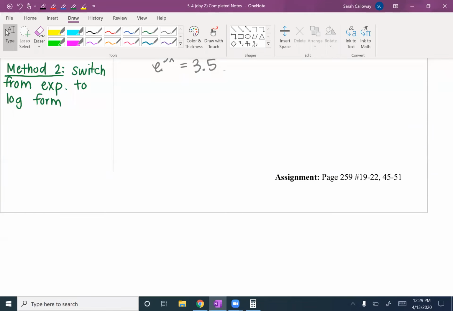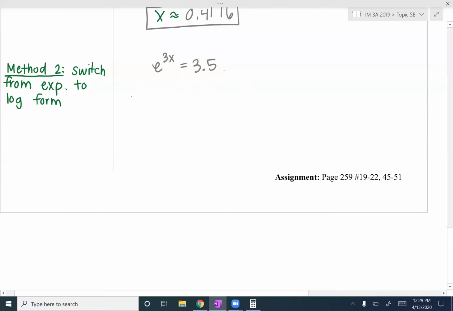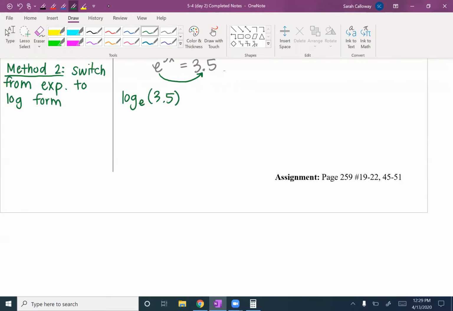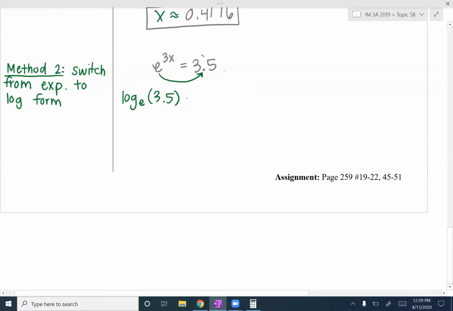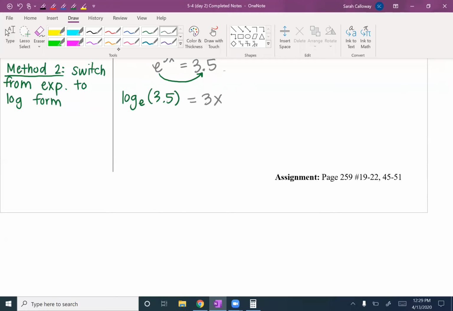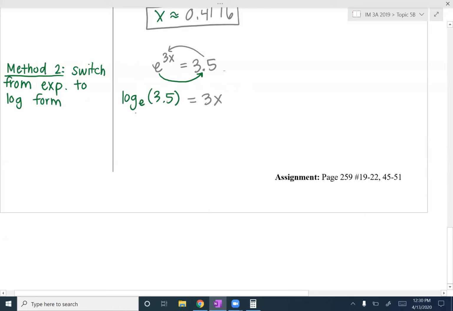Since the log here is a base e, I'm technically doing log base e of 3.5. And that is equal to 3x. Remember that log base e is ln. That is the natural log.